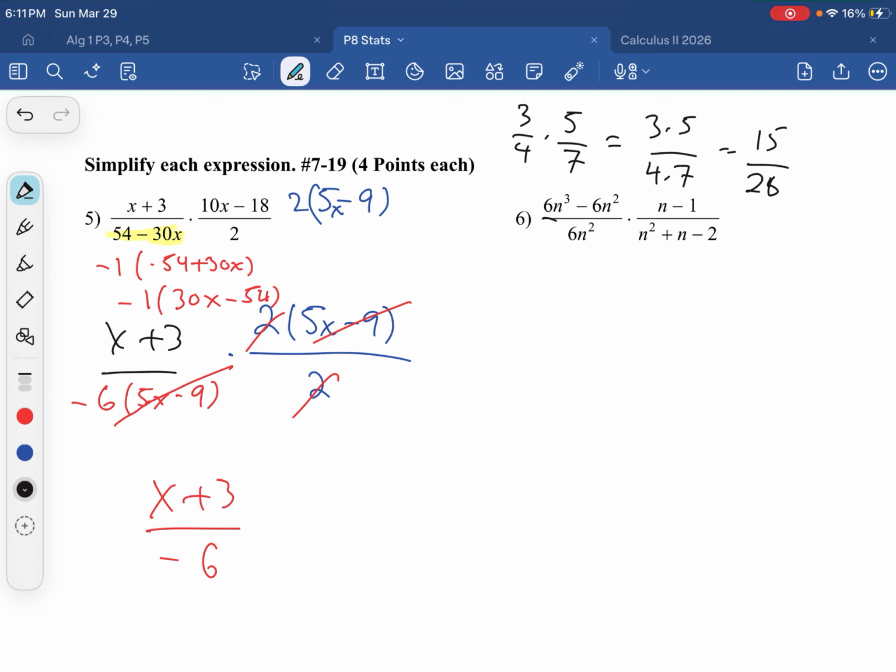Same idea with number 6. If I have 6n cubed and 6n squared, I could factor out a 6n squared in the numerator.